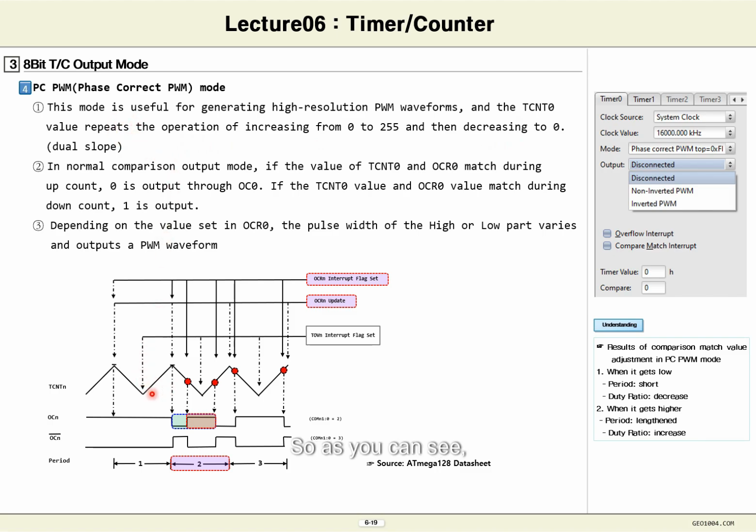So as you can see, increasing and decreasing occur. So we can use the term dual slope when compared to the normal comparison output mode.